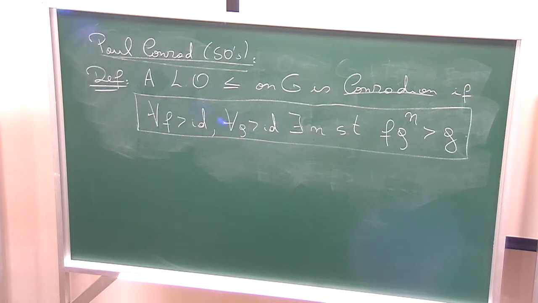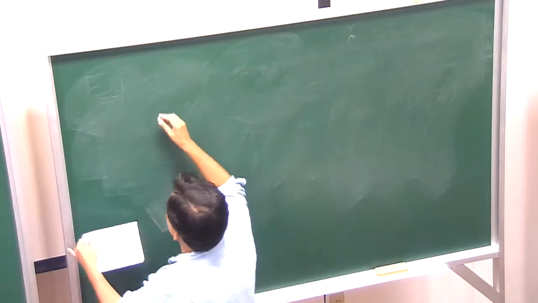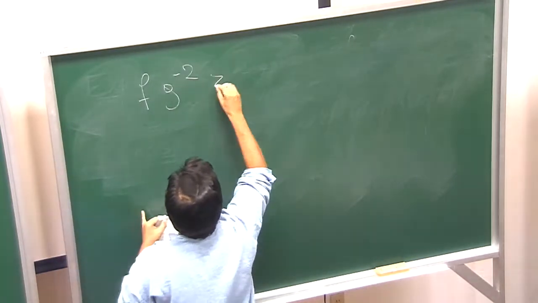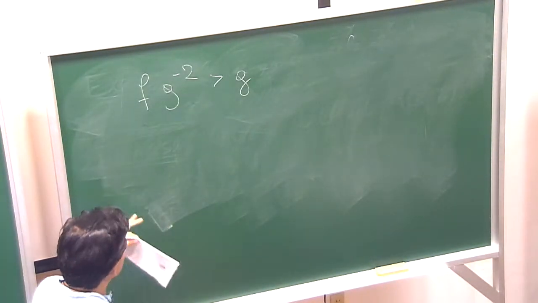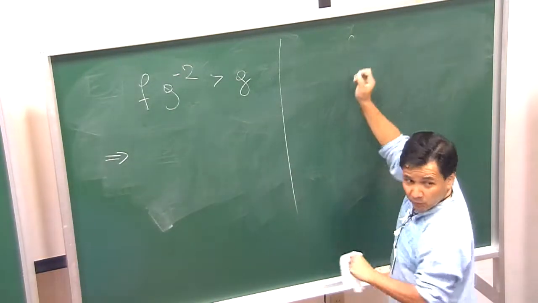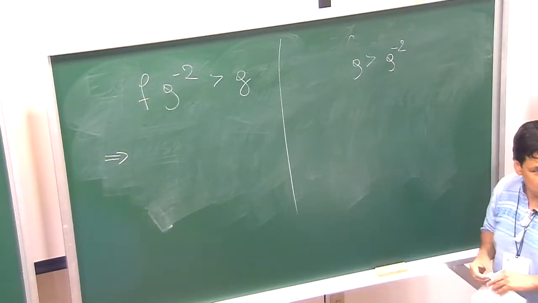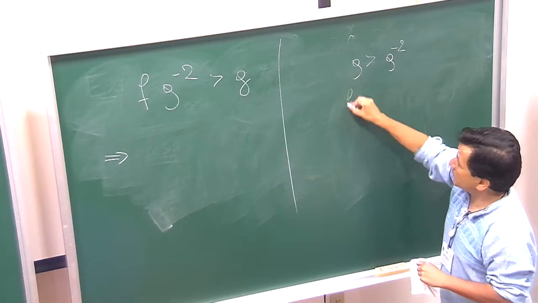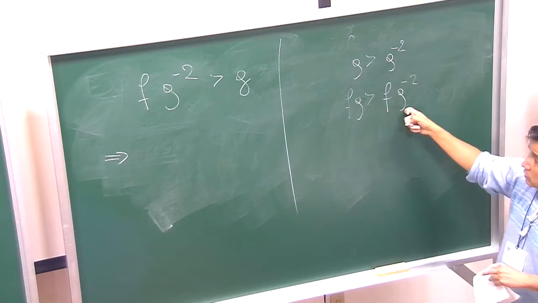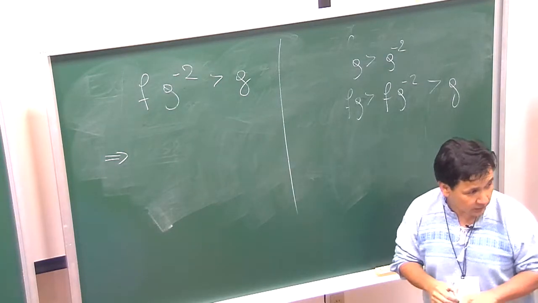If you are able to prove, for instance, that f g to the power minus 2 is larger than g, then I will start summing inequalities here. Of course, g is positive, so g is larger than g to the power minus 2. If you multiply by f on the left, fg is larger than f g to the minus 2. But f g to the minus 2 was larger than g. So you can realize the inequality with g with exponent 1.